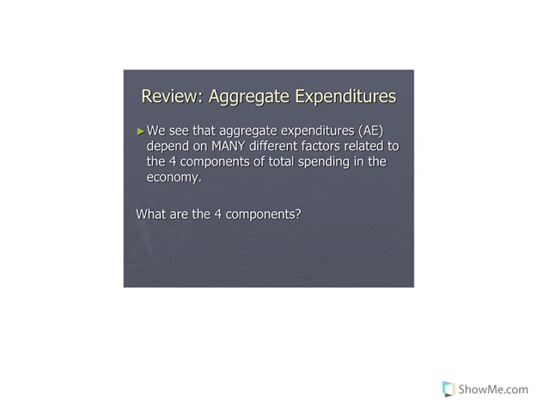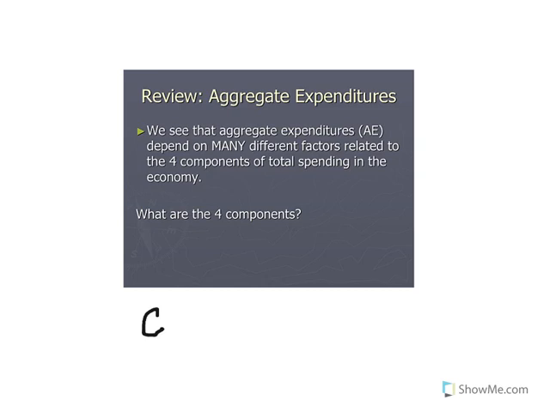So just to recap, we do see that the aggregate expenditures that occur in the economy depend on many different factors related to the four components of total spending in the economy. First we talked about household spending, which we defined as consumption expenditures, and we had all those different factors that influence consumption expenditures: income, wealth, demographics, expectations, taxes.